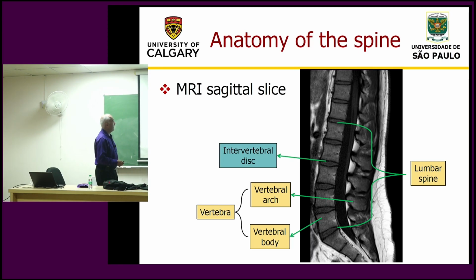So here the spine is shown in the sagittal slice going this way, and this is the lumbar part of the spine, and this is a vertebral body, and that is the intervertebral disc. So in a sagittal section, they appear to be almost rectangles in MR images. So the analysis was limited to L1 to L5, the lumbar spine.